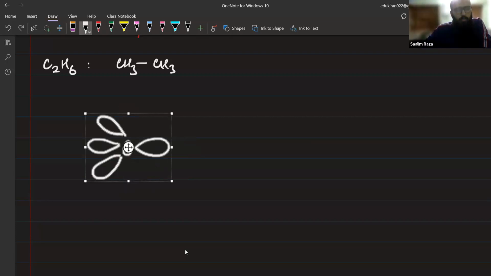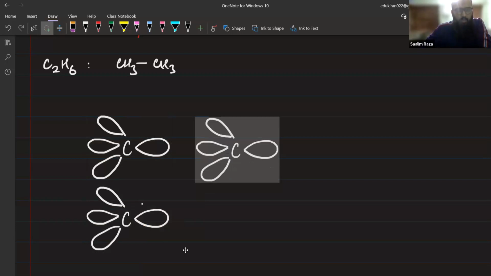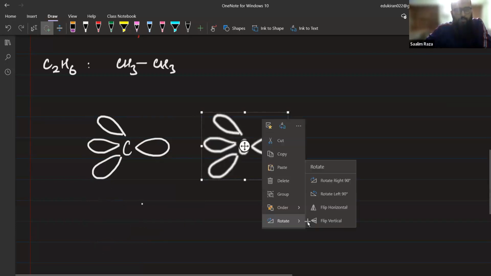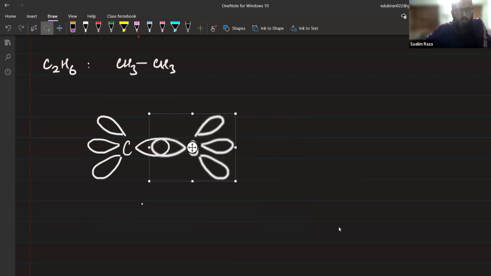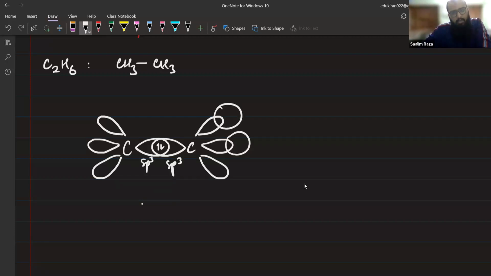Now, this is one carbon atom. The other carbon atom will be the same thing, but just in the opposite direction like this. So these are the two carbon atoms. There will be two electrons like this, and all of these are sp3 hybridized orbitals. Both carbon atoms have sp3 hybrid orbitals, and all of these will be attached with a hydrogen atom like this.